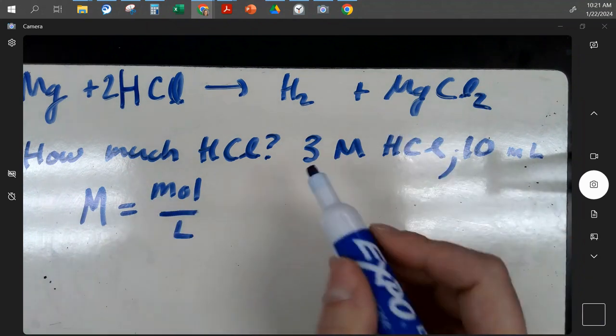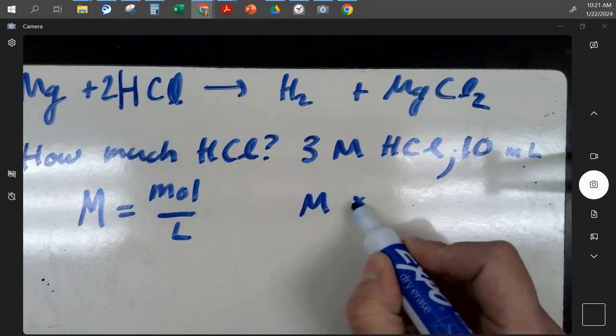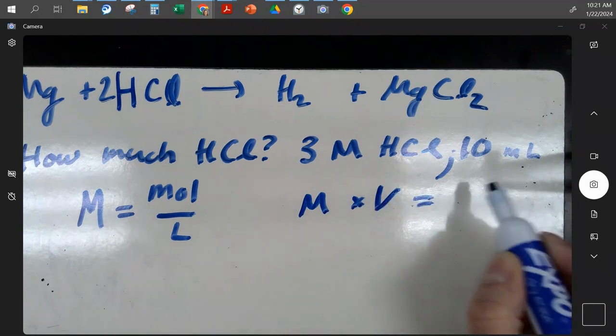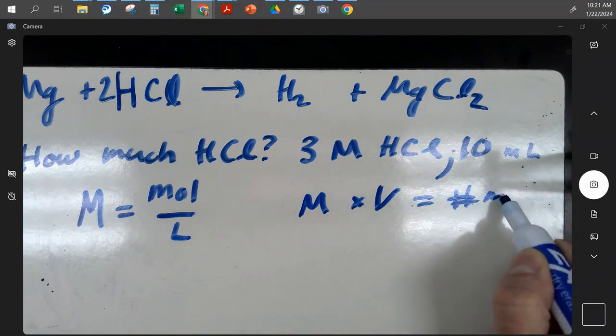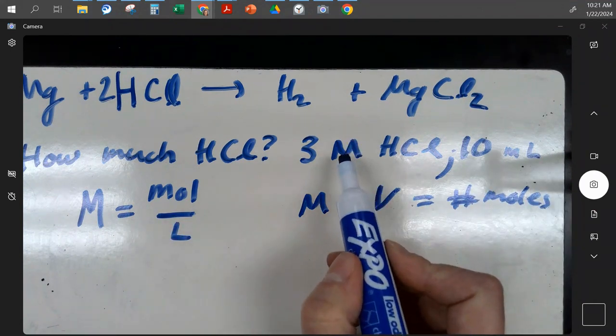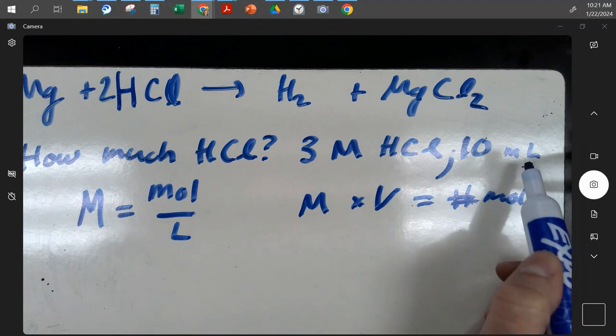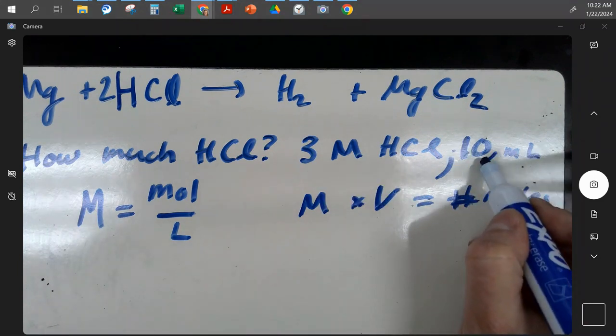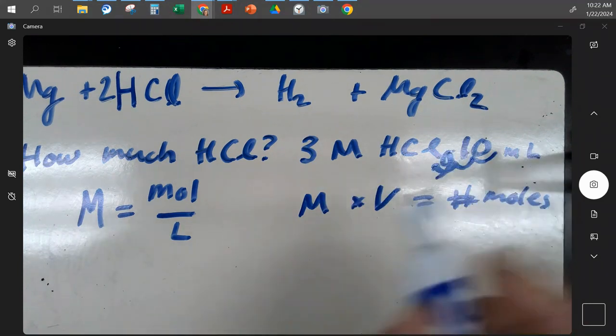So what we're going to do is take molarity times volume, and that will give us the number of moles. But our units have to match. This is moles per liter. This one's in milliliters. So I'm going to move the decimal 1, 2, 3 to get liters.